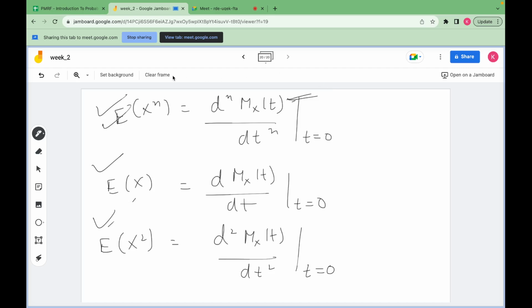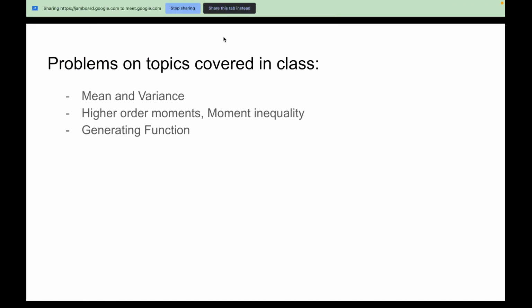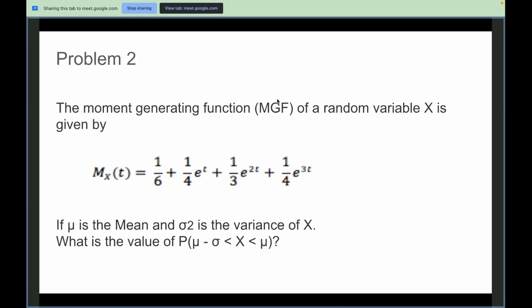So we try to see a few problems on moment generating functions. So here is this question.